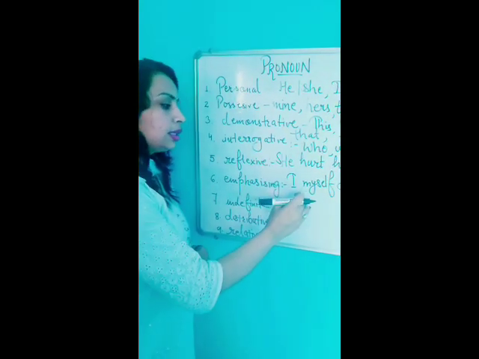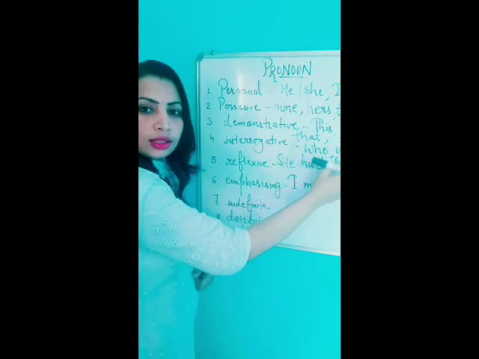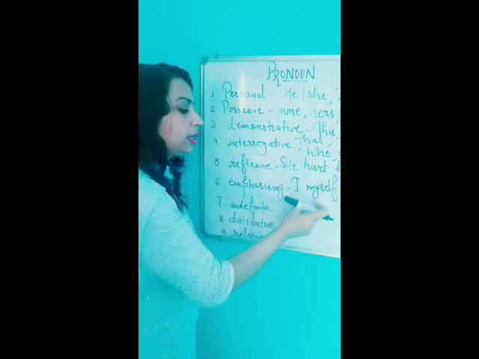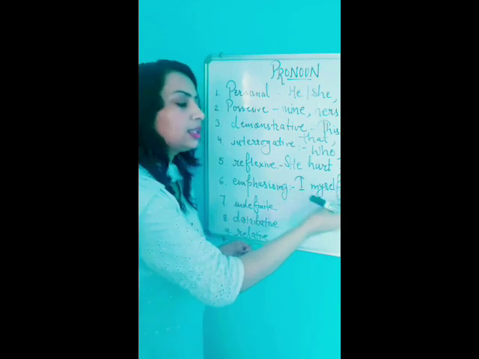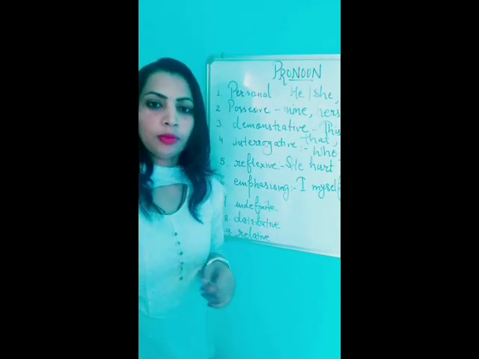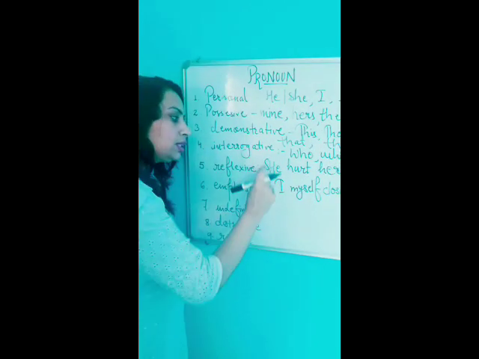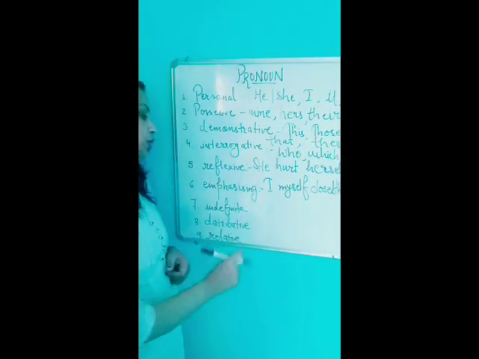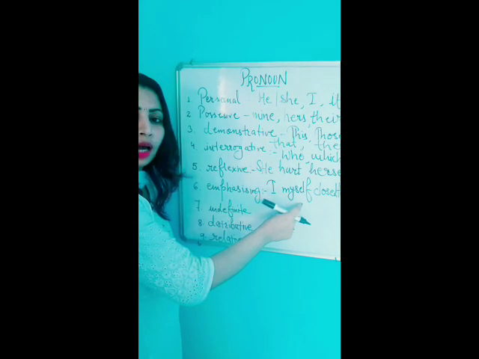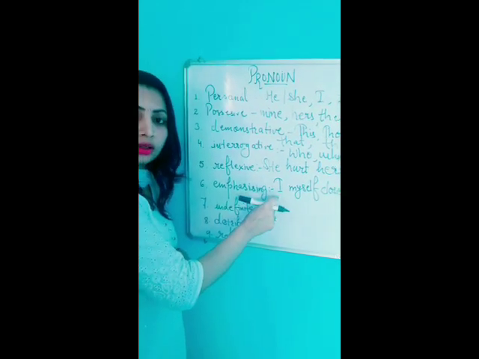So here see, here also herself, myself is there, and myself, herself, himself you will find in emphasizing pronouns. But what is the difference? Here this pronoun is reflecting toward the subject, and here this pronoun is emphasizing the subject.